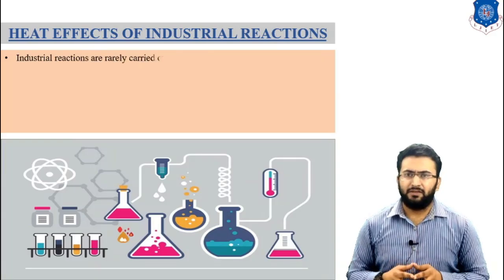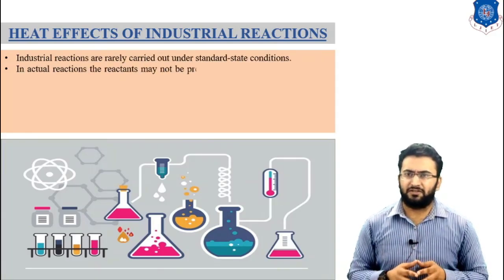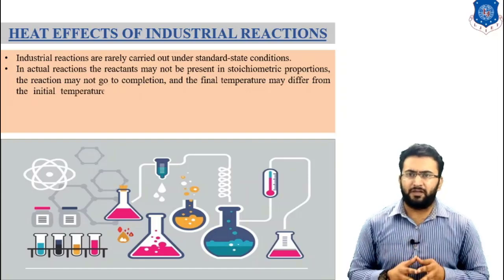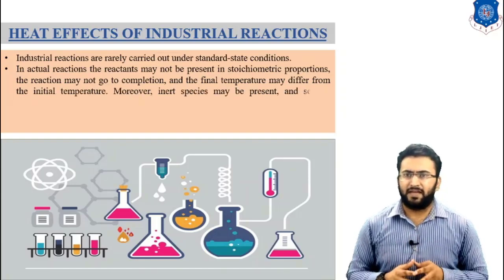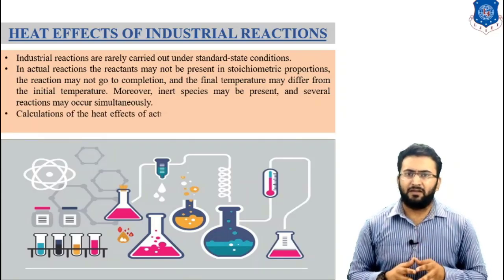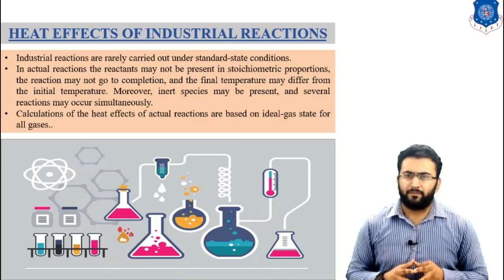In industry, reactions are rarely carried out under standard state condition. In actual reaction, the reactants may not be present in stoichiometric proportion. The reaction may not go to completion and the final temperature may differ from the initial temperature.